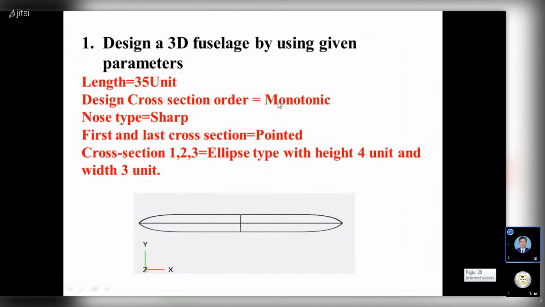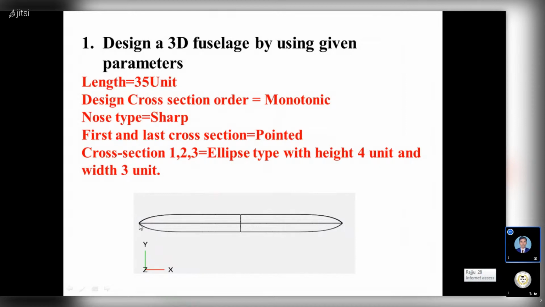Design cross section order, that is monotonic. So in the design cross section order, you have to use the monotonic condition. And the nose type for this fuselage, for this 2D case, is given: the pointed nose type.